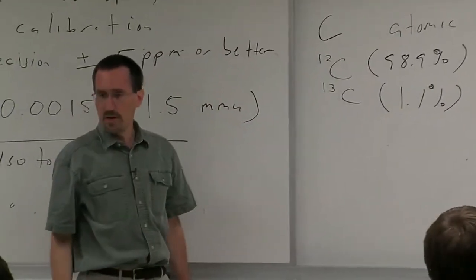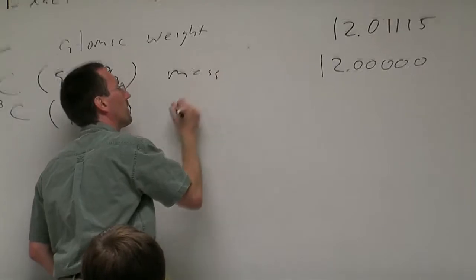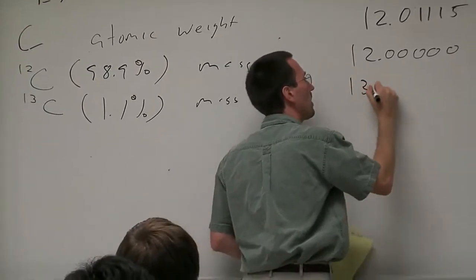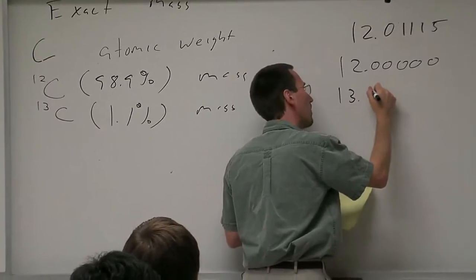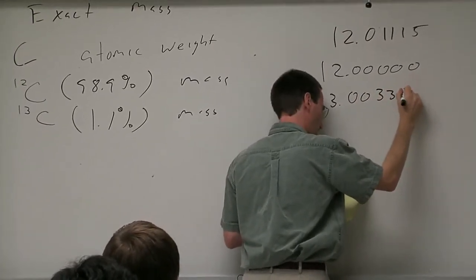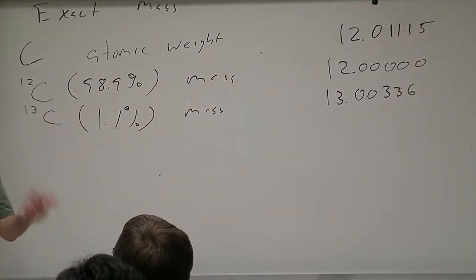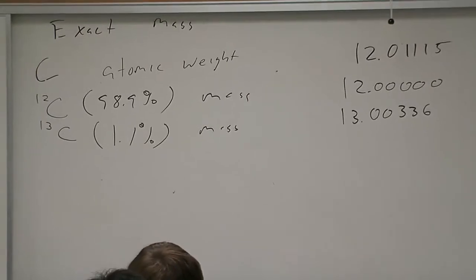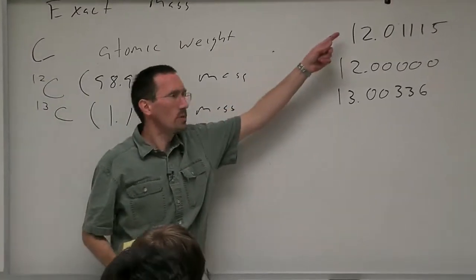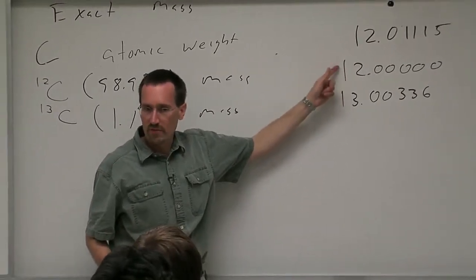The mass of carbon-13 is 13.00336. So when you say, I want to weigh out a mole of carbon, or a mole of a carbon-containing compound, what you're really doing is taking the weighted average of these two numbers.